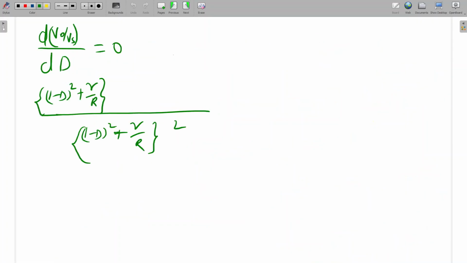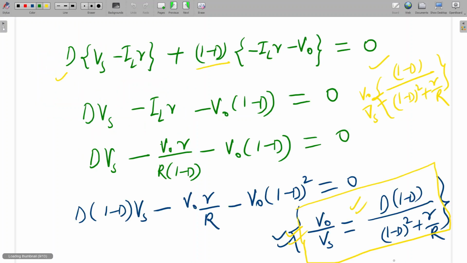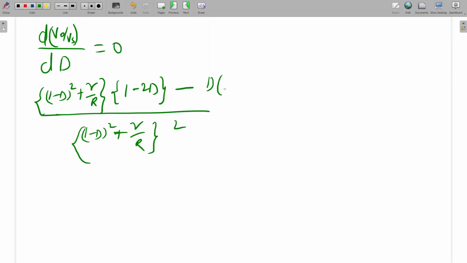So what will be the differentiation? The differentiation of (1 minus D) square will be minus 2D. Further, minus, this term will be kept constant, so D into 1 minus D, and the differentiation of this will be 2 into 1 minus D, and further minus 1.